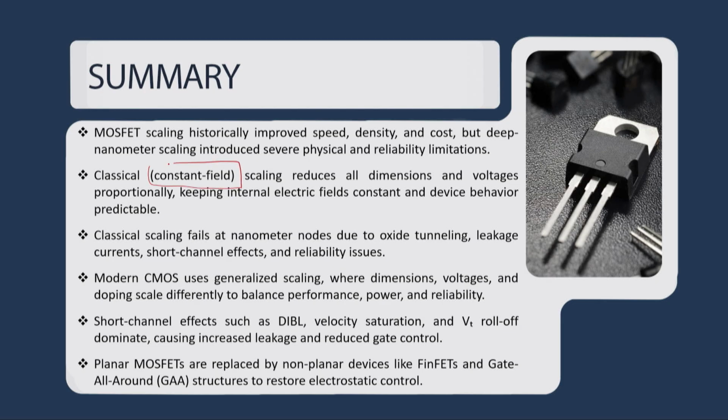In constant field scaling, we maintain the electric field constant, which is nothing but VDS divided by L, or in general V divided by L. So, we need to scale the voltage and the dimension accordingly. Constant field scaling is good in terms of reliability aspects, whereas we have also said that when the classical scaling fails, then you can go for quasi classical scaling, meaning you have to take some scaling parameter k dash in between k and 1.